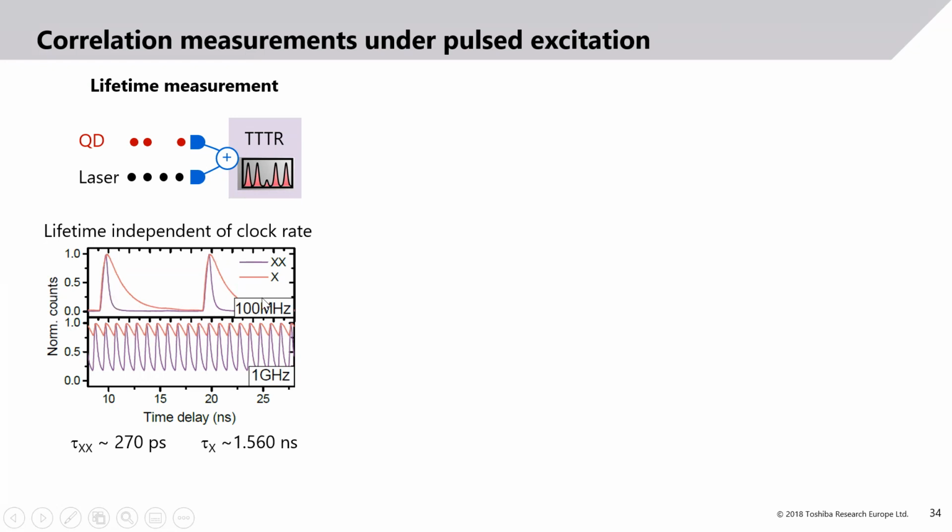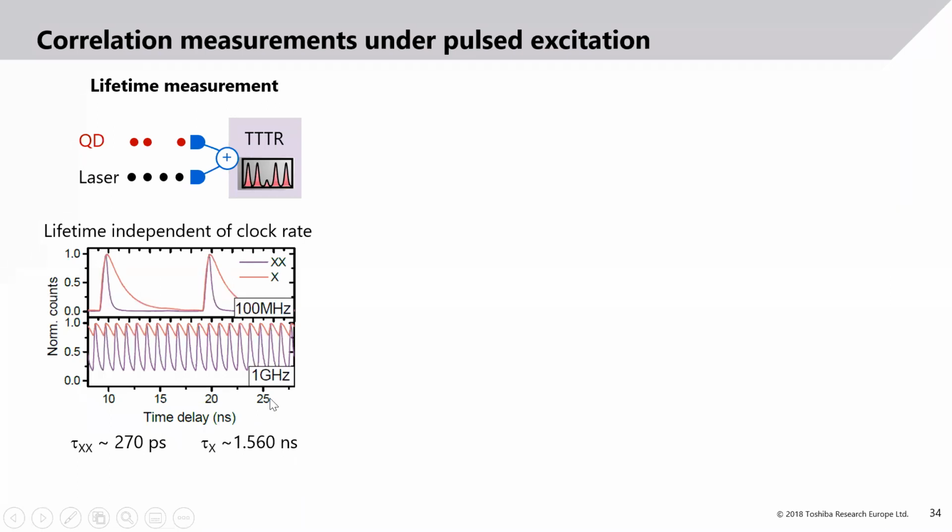But if we now increase the clock rate to 1 gigahertz, there is no time anymore for the exciton and the bi-exciton to relax before the next pulse hits them. And you can see that now basically all we get is a little wiggle for the exciton and the partial emptying of the bi-exciton states before the next pulse hits them.